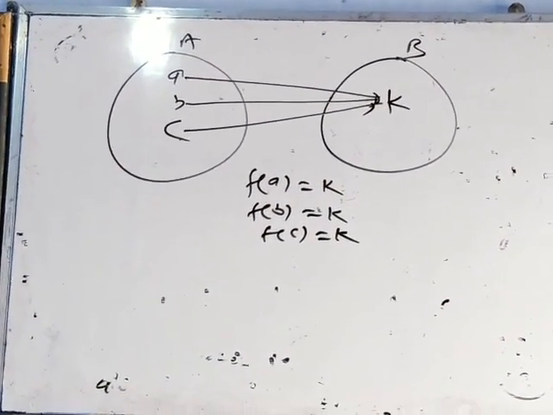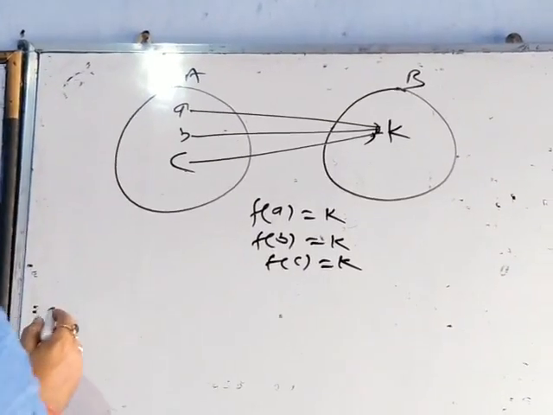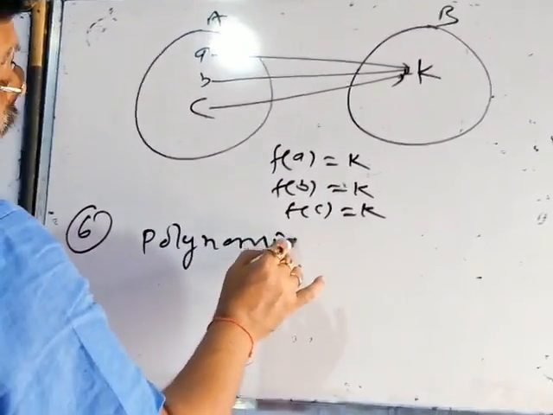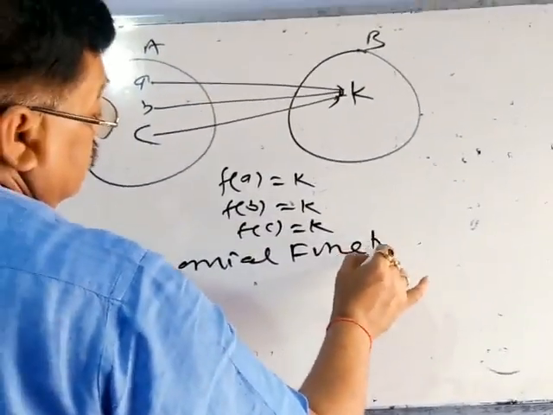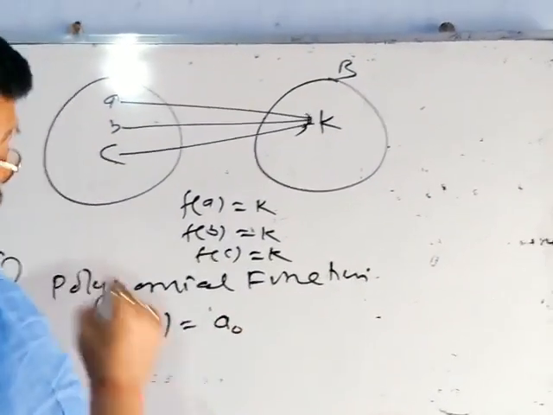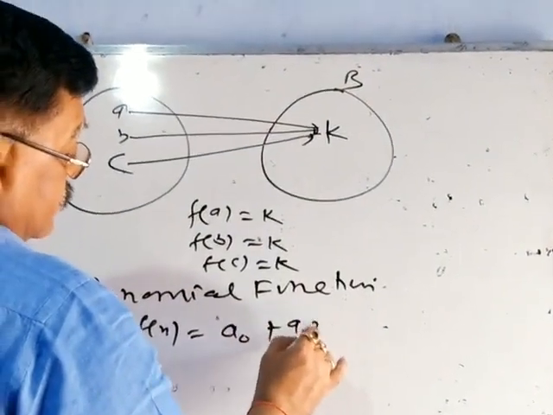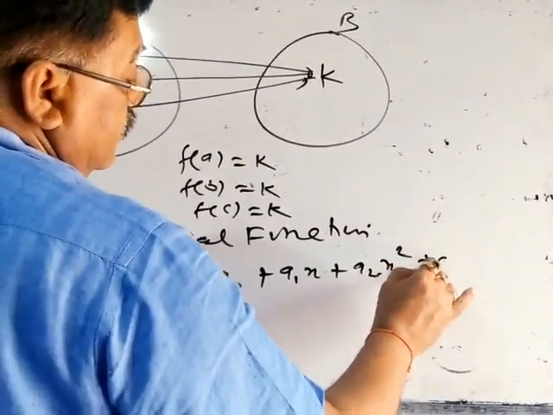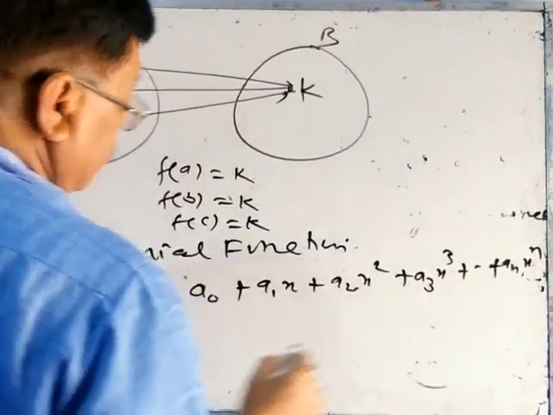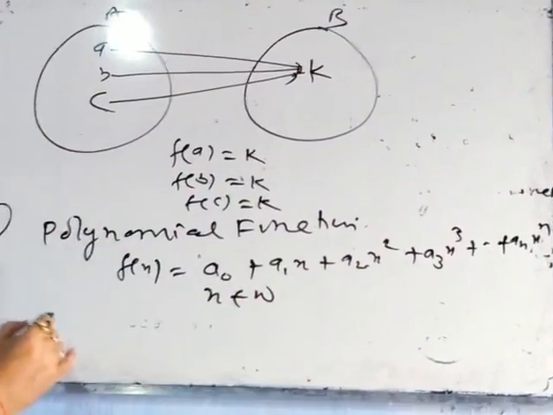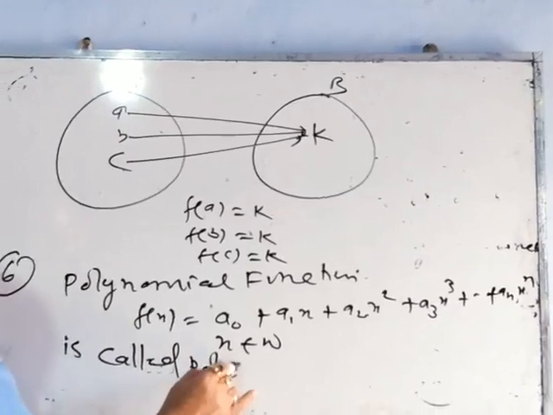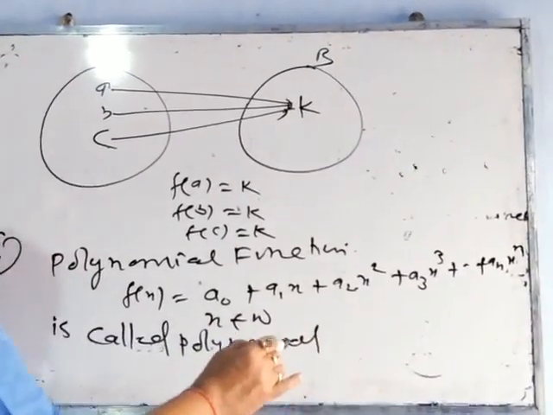Now student, we have to explain the polynomial function. f(x) is equal to a0 plus a1x plus a2x square plus a3x cube and so on up to anx power n, where n belongs to the whole numbers, is called a polynomial function.